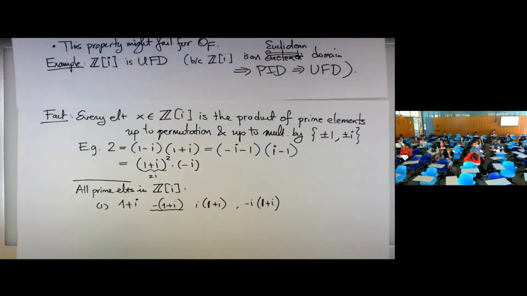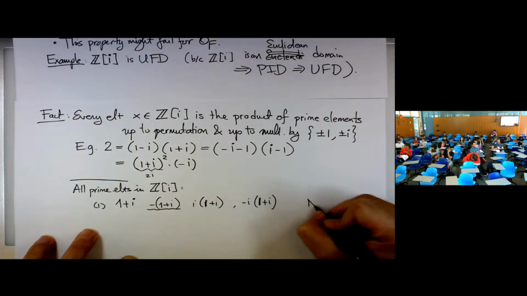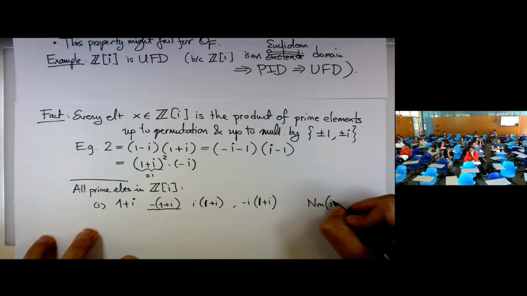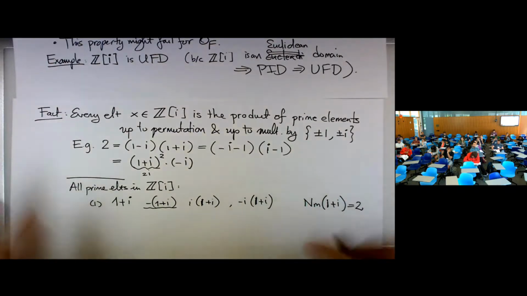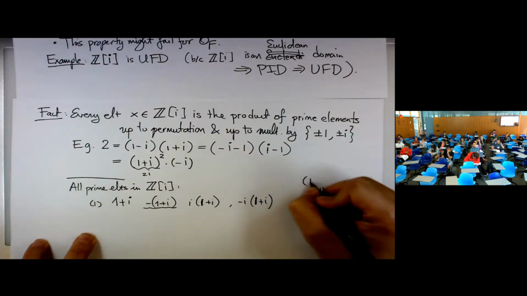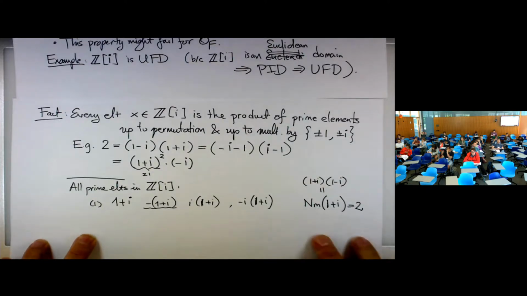Later I'm only going to write the first one, 1 plus i, but not the other three, because they're all off by units. I want to point out that the norm of all these numbers is 2. By definition, the norm is (1 plus i)(1 minus i) in this case, so it's 2.